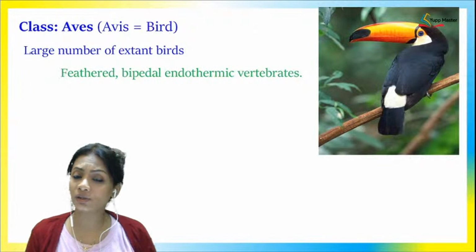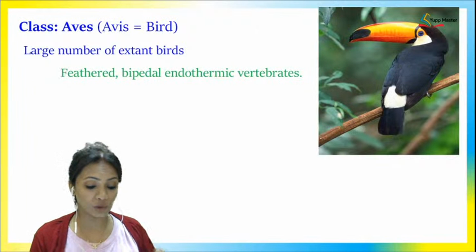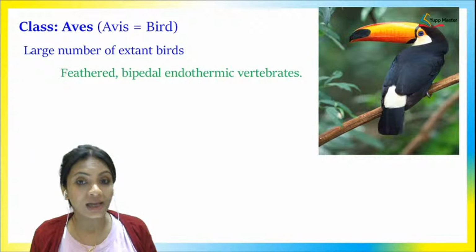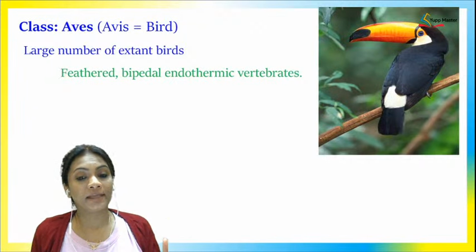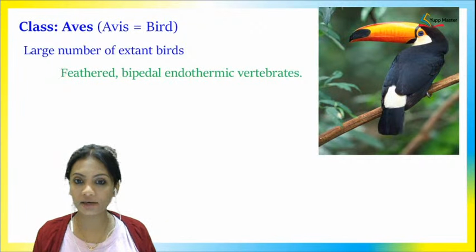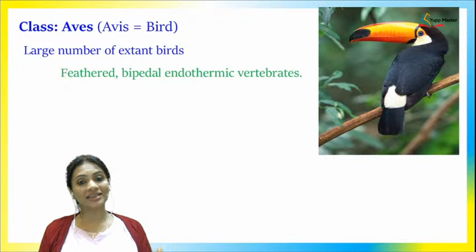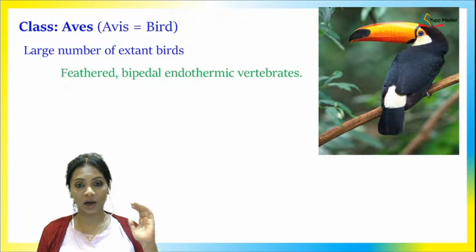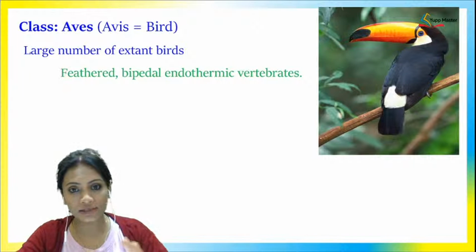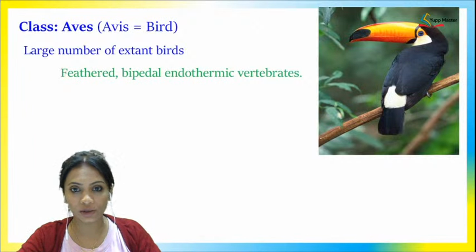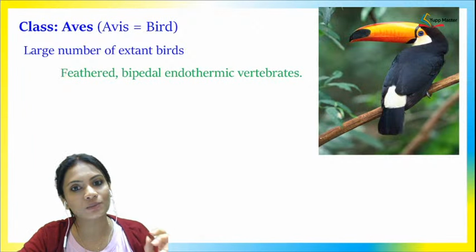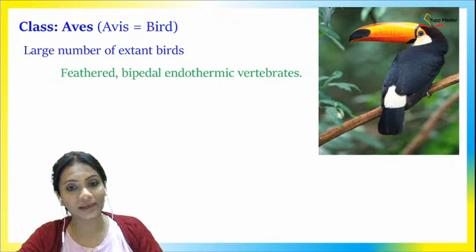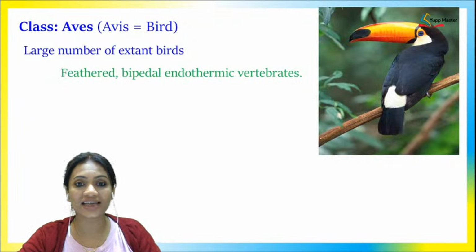You all know that their forelimbs are modified for flight. These are bipedal endothermic vertebrates. From class Aves onwards, we are going to be finding animals which are warm-blooded. Because they are warm-blooded, we call them endotherms.